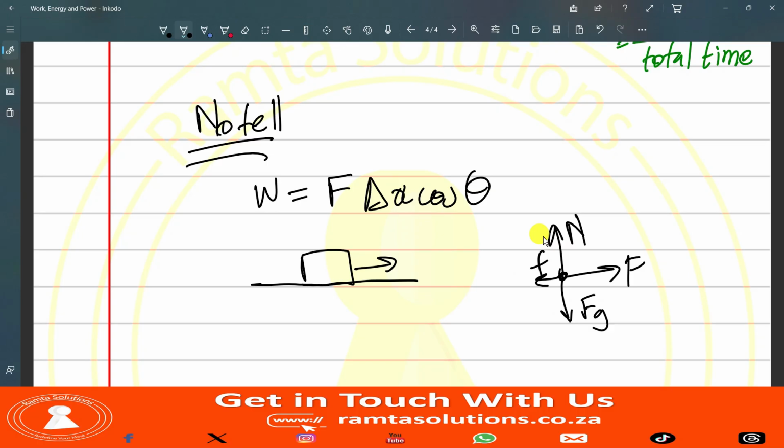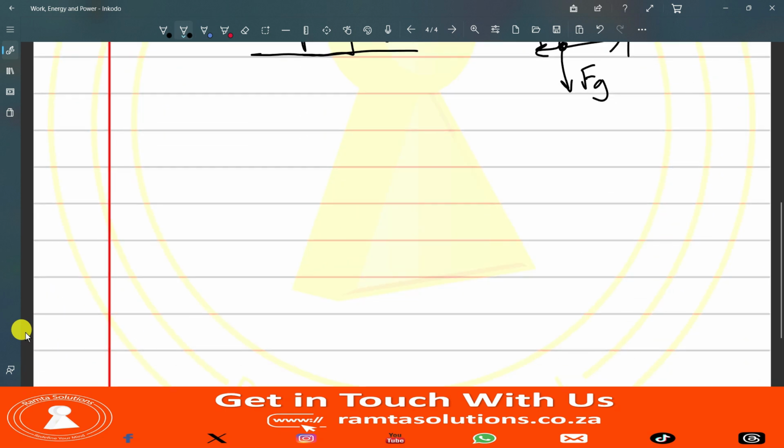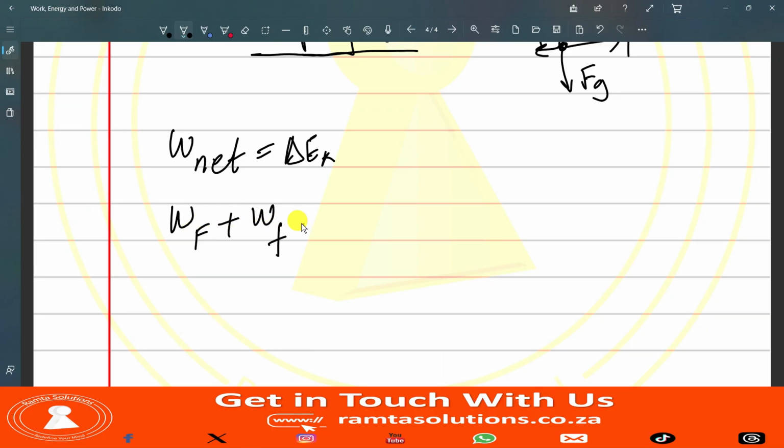So you need to be careful when we were using the work energy theorem. I had said that when you use the work energy theorem, this will basically be work done by applied force plus work done by friction equals change in kinetic energy. It is not a mistake that I said plus. Why did I say that?